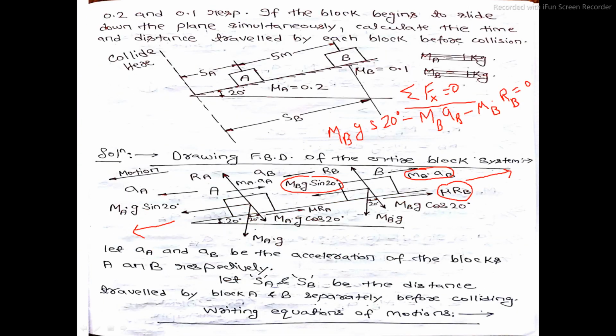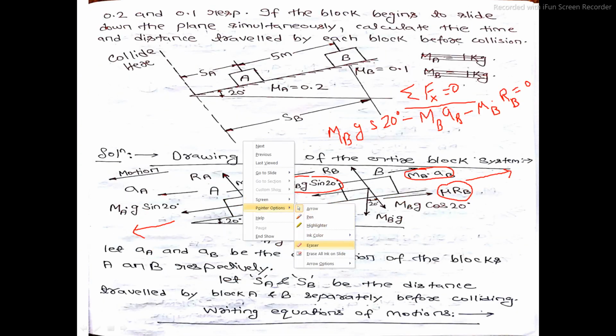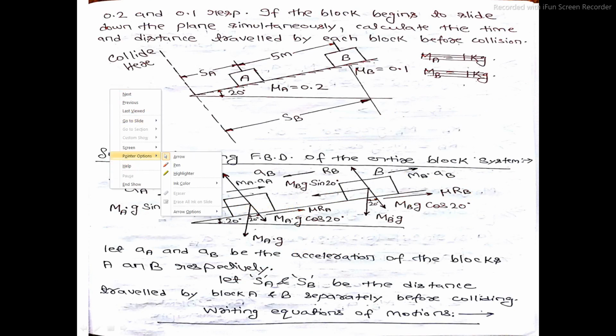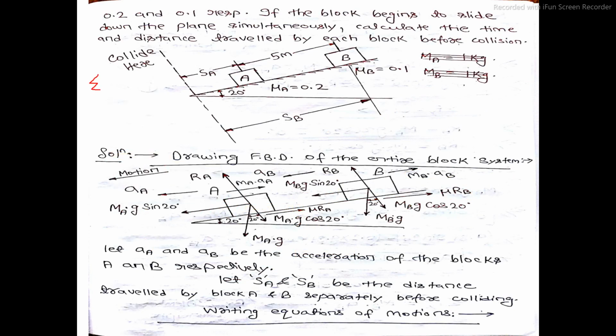Similarly, let us write down summation fy equal to 0 for block B. We have assumed this side y as positive and this side y as negative.